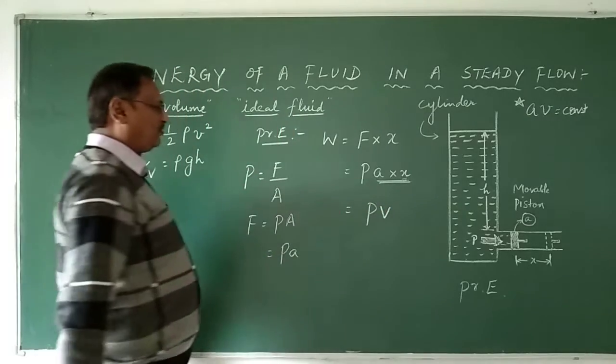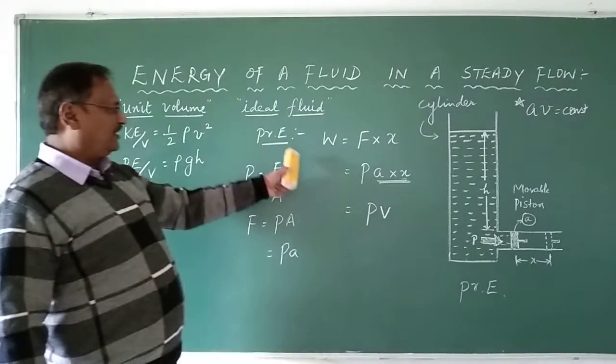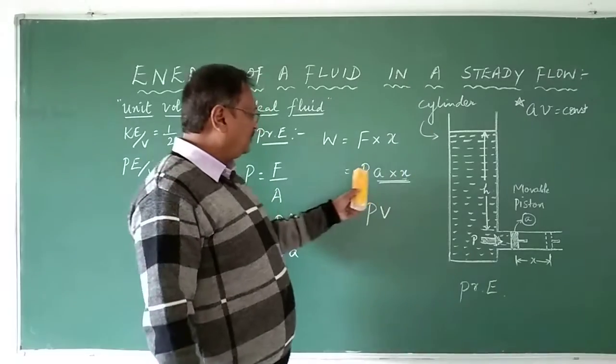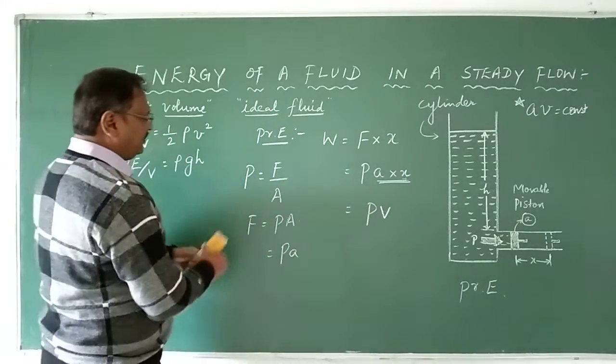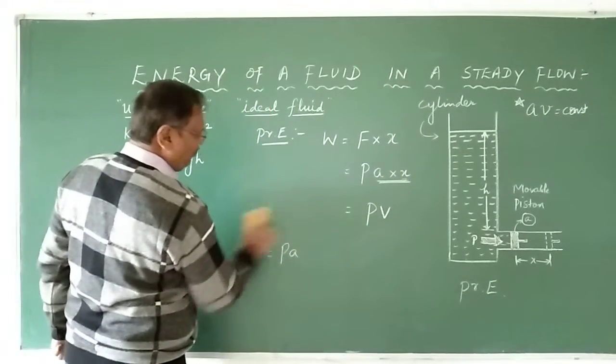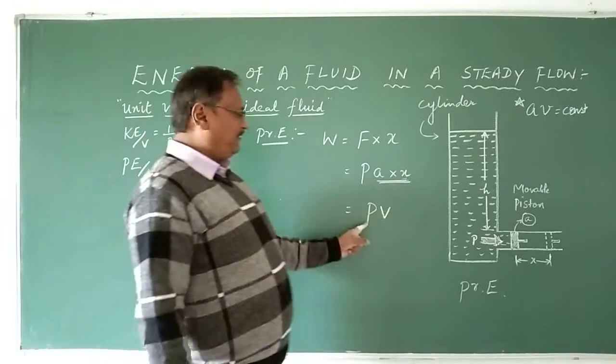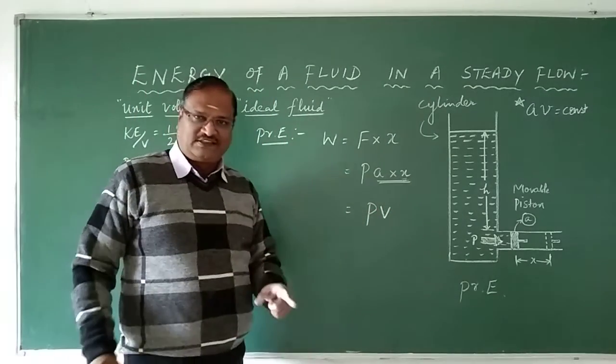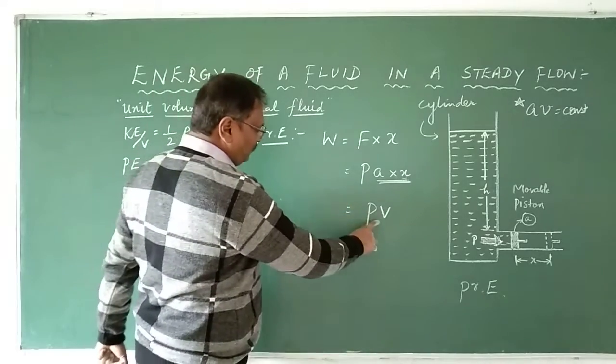So, this is what I have got here. That is pressure energy, W is equal to F into X, force into displacement. And for force, I substituted from here. Pressure is equal to force upon area. And then P into V. This I have got as work done. Now, work done in terms of pressure.